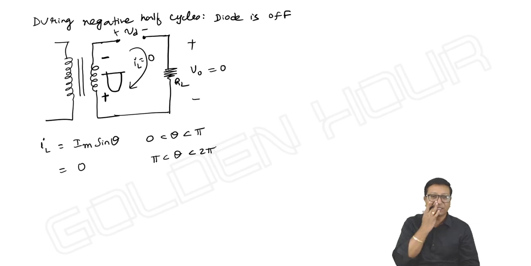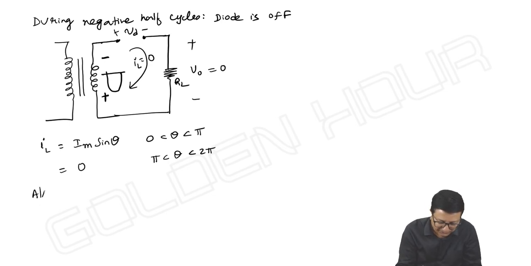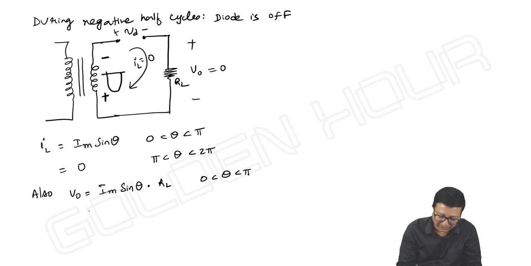Over one period I defined IL. Also V output is equal to Im sin theta into RL over the limits 0 to pi, and it is 0 over the limits pi to 2 pi.